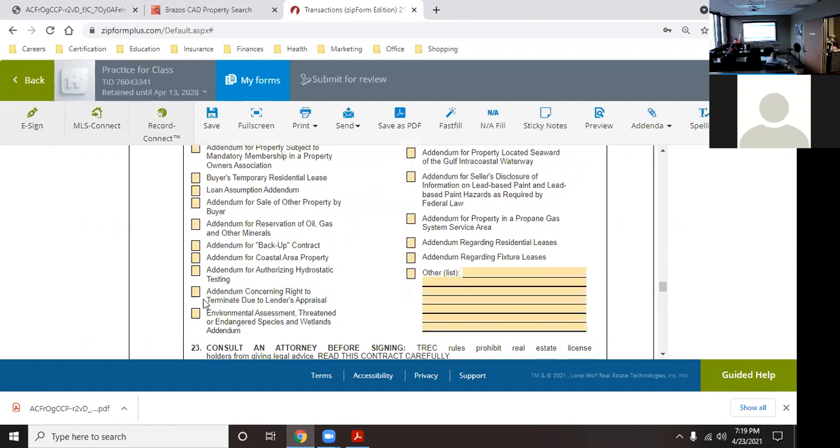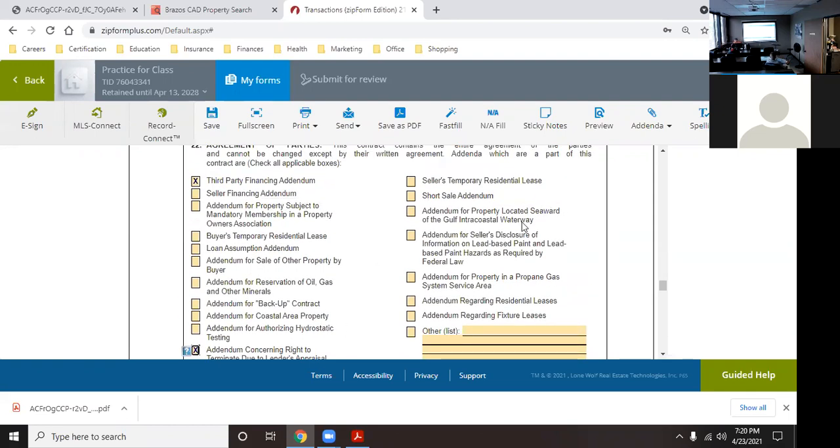I would also want to check this one, concerning right to terminate due to lender's appraisal, which is basically saying that as a third party, if I go through contract and then when it comes to funding, the lender does his appraisal and finds out that we're offering $200,000 for this house, but the house is only worth $100,000. Well, that's ridiculous. So I'm not going to give you that $200,000. It's not worth that. This gives me the right to terminate due to my lender's appraisal of the property.